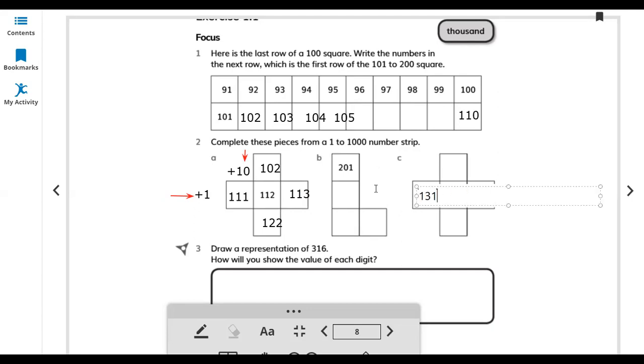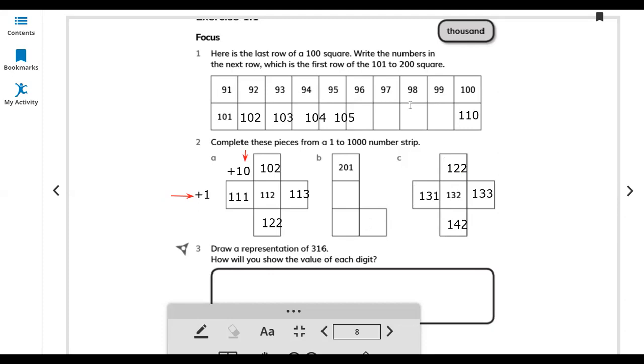When we are moving from left to right, minus 1, plus 1: 131, 132, 133, and from up to down, minus 10. 132, 122, 22 plus 10 is 32, 32 plus 10 is 42, so 142.